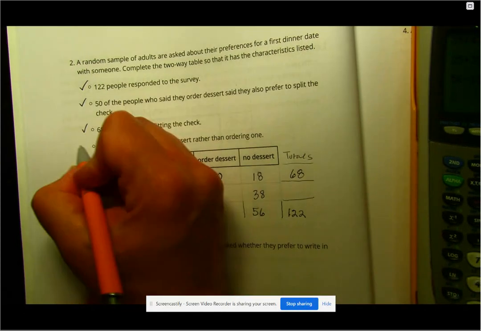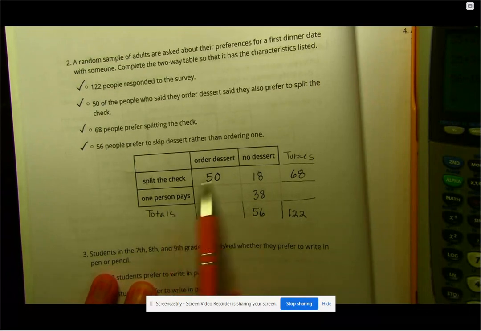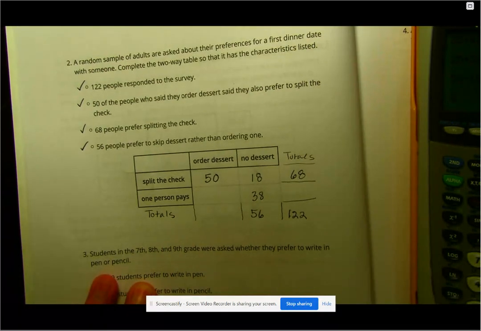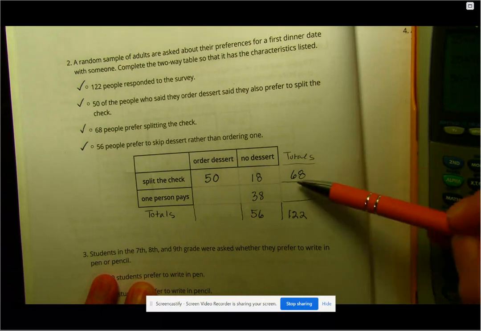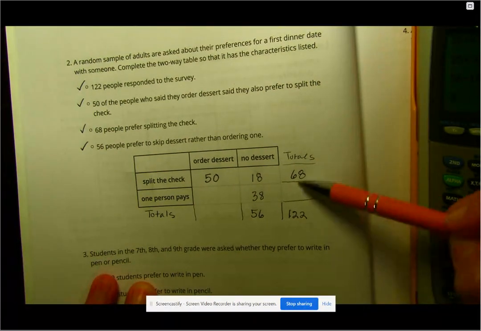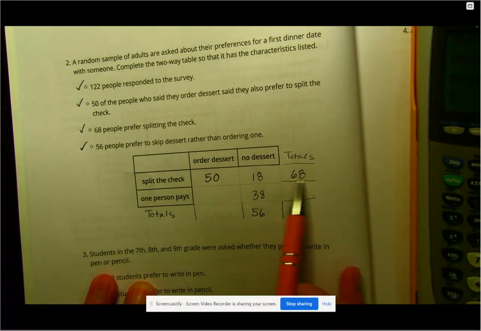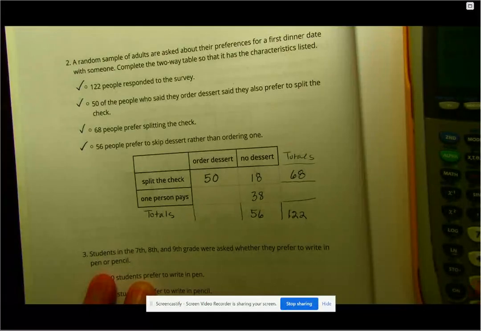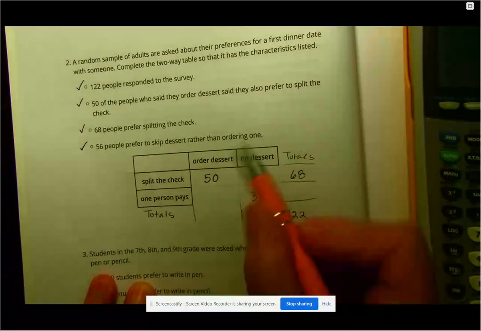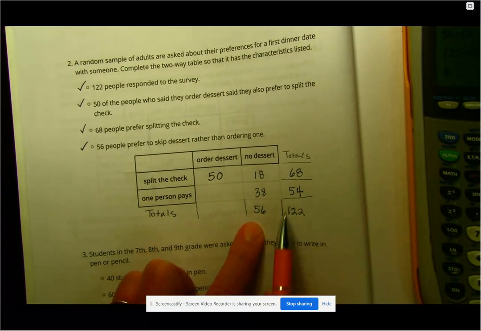Okay. All right. So now we just have to figure out the rest of this. Again, it's like a puzzle and you could unpuzzle it a variety of ways. I know 2 of the 3 here. So I know there's 122 people surveyed altogether. If I take the 68 off, the 68 people who prefer to split the check, that means 54 prefer one person pays.